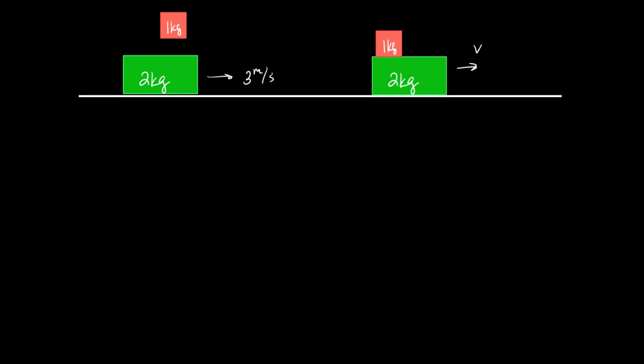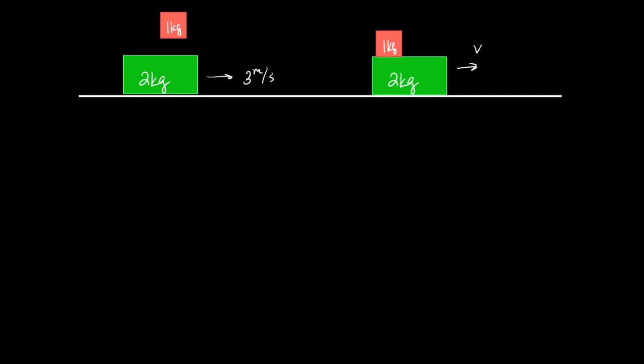It would be no different than if the box had been sitting still in front and the green box ran into it. The only difference is that it's on the top, so you have to hope that there's sufficient friction so that the top box comes to rest with respect to the bottom box before falling off. The problem still behaves the same.